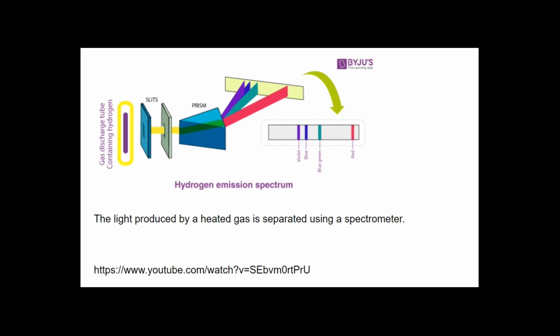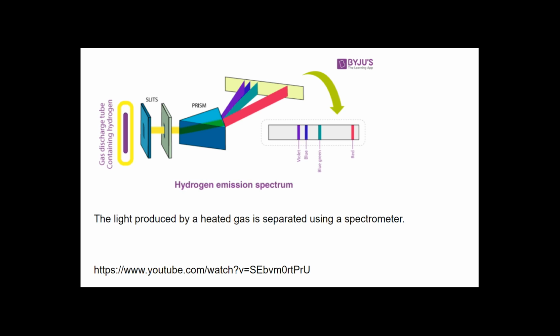We have a gas discharge tube containing hydrogen. The hydrogen is put under high temperature and it emits light because of the high temperature. We put this light through a prism and it separates into different wavelengths and there's darkness between them. So you have violet, which is the shortest, then you have blue, green, and finally red.